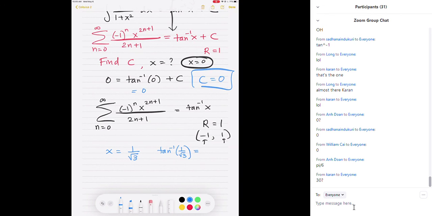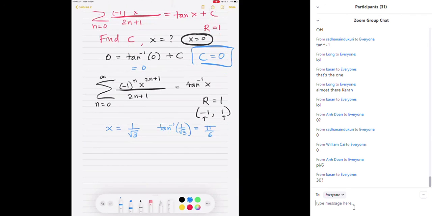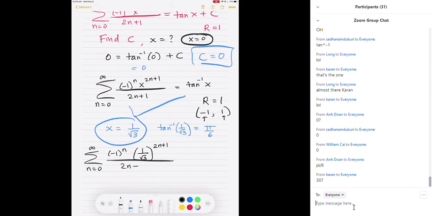Very good, pi over 6. Very interesting, isn't it? So now you are saying, if I put x equals 1 over square root of 3 on both sides, the sum of negative 1 to the n, 1 over square root of 3 to the 2n plus 1, over 2n plus 1 equals pi over 6. Very interesting.